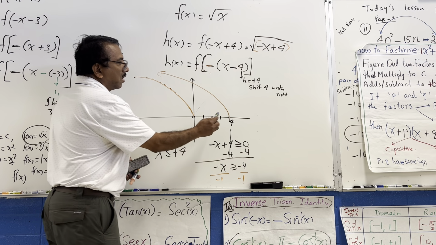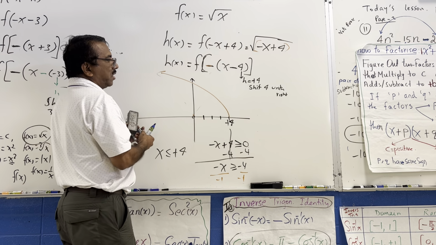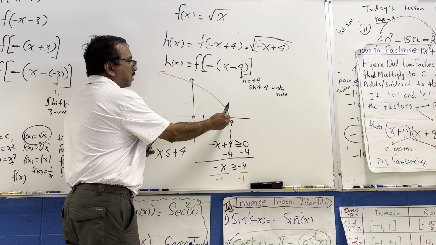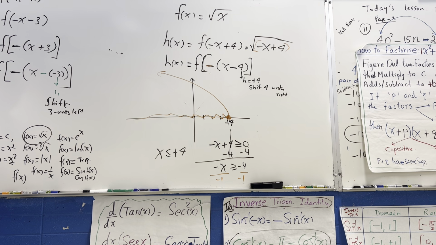And clearly you see this is plus 4. So the domain is everything including the 4 and then everything to the left. I hope this helps. And it can work anywhere like this.